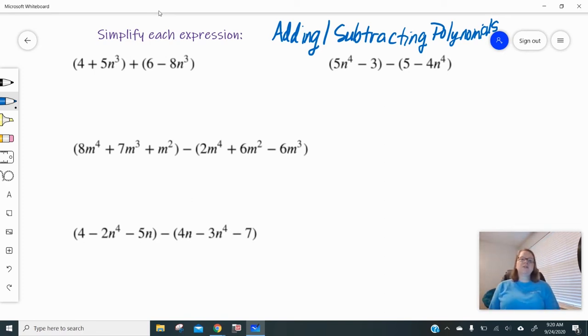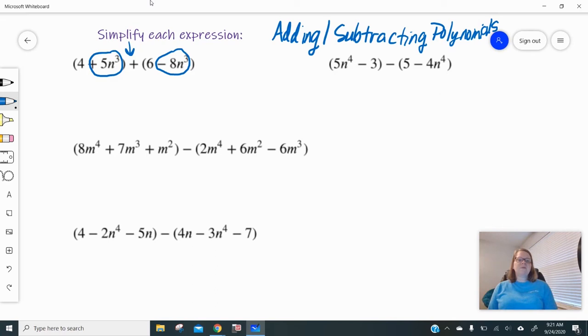So if there's addition in between the 2 sets of parentheses, that means you don't do anything except combine like terms. So in this case, I ignore the parentheses and I'm combining like terms. For instance, I see an n to the third and an n to the third. I'm keeping the sign in front of it with it.